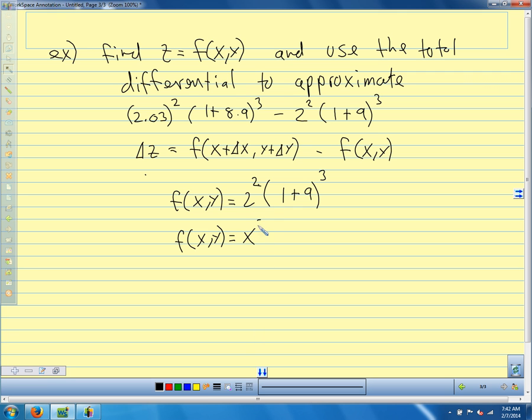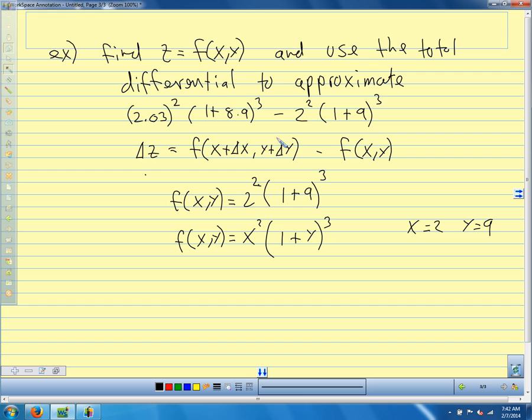So couldn't we say x squared? And we have a 1 here in both pieces for the y and the y plus delta y. So I'm going to say 1 plus y cubed. x equals 2 and y equals 9. So that would be my function f of x, y.